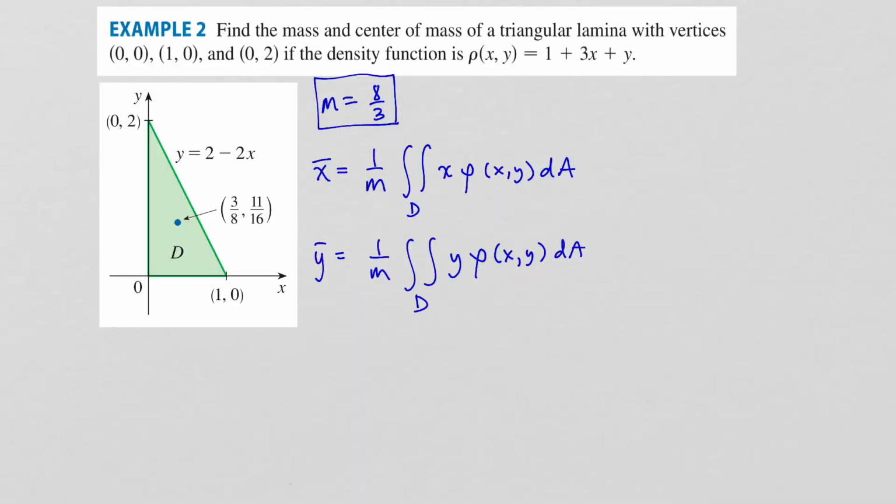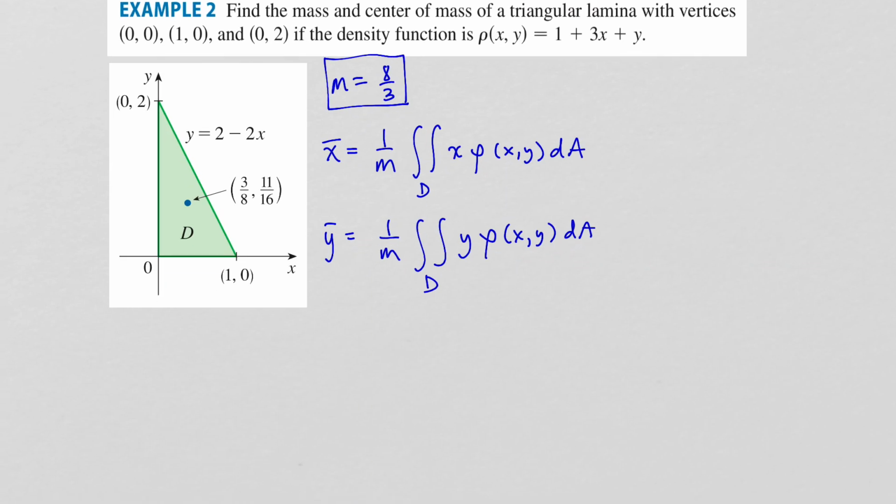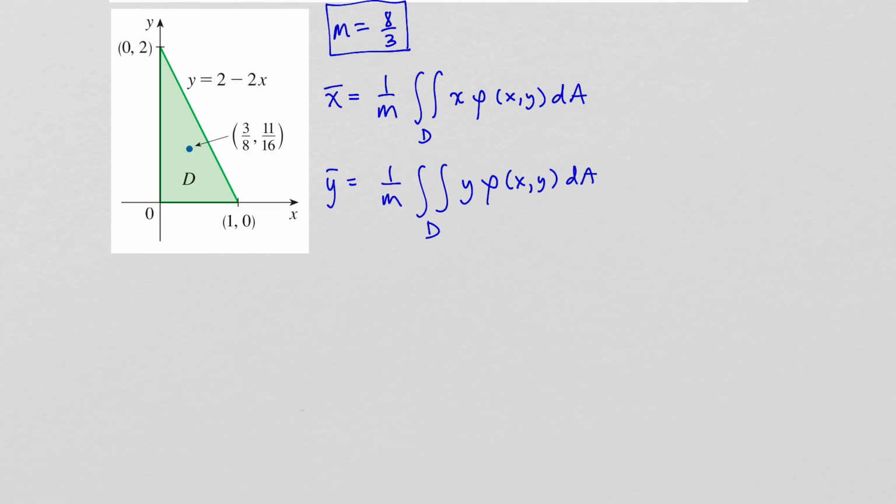So now we just need to apply these formulas to get the center of mass. Let's do the first integration. Now the good news is we're integrating over the same domain, so our limits of integration will be the same. The other thing is 1 divided by m is going to be 3/8.